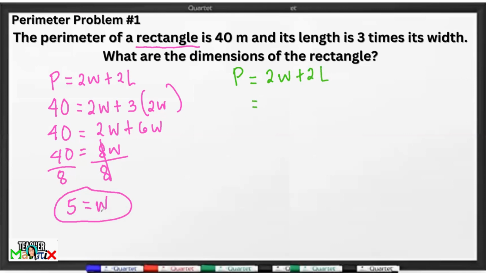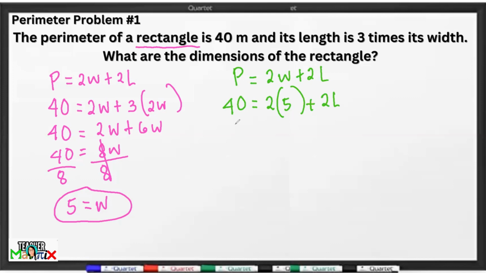Tapos, ito naman si 5, which is, yan nga yung width ng rectangle, isubstitute natin dito. 2 times 5. Okay, ito man yun. Plus 2 times length. And then, i-copy natin yung perimeter na 40.